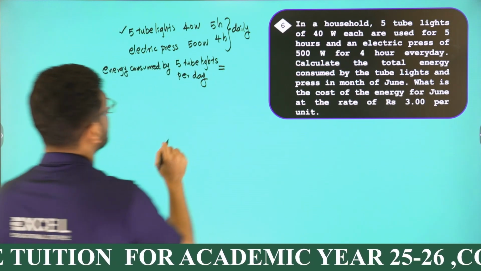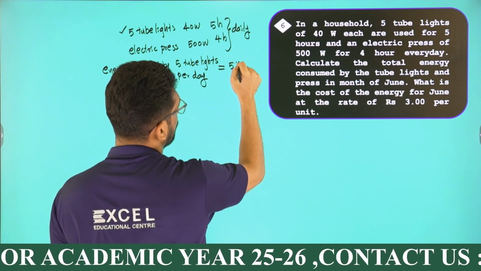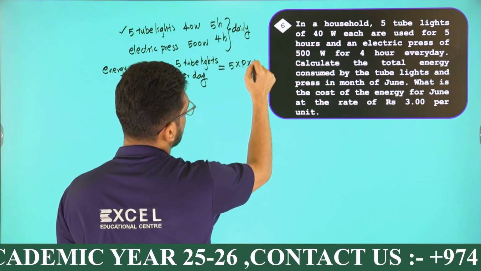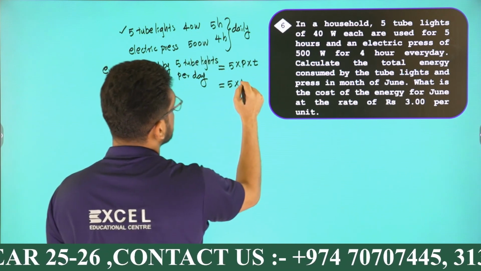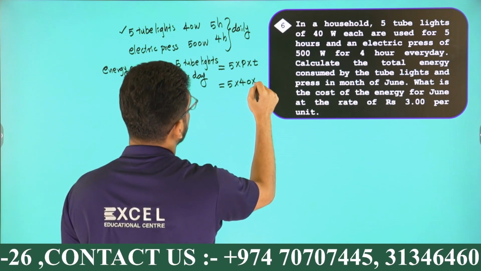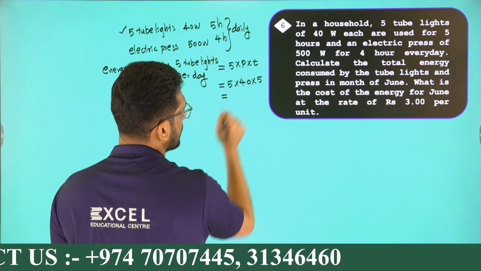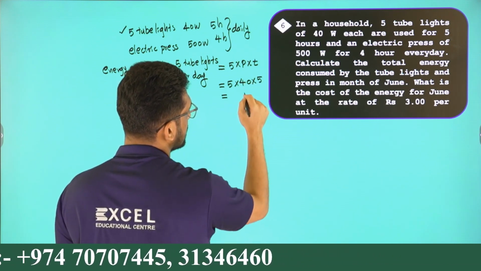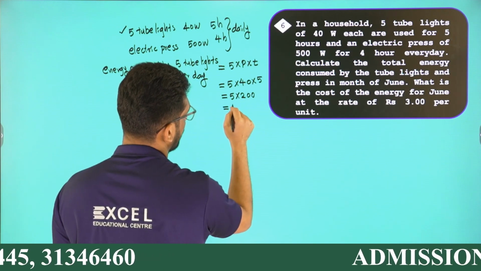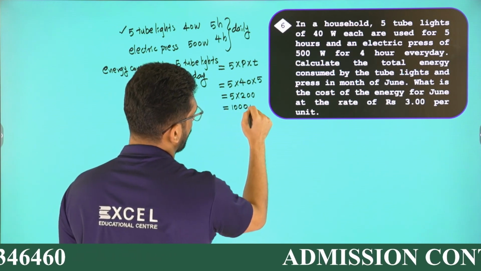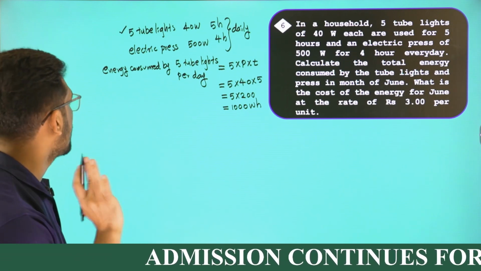But there are 5 tube lights, so 5 into power into time. Power is 40, into time. Time is 5 hours. I am doing this in hours. So 4 into 5, 20, 200. 5 into 200, that will be 1000 watt hour. I didn't convert that. So 1000 watt hour.